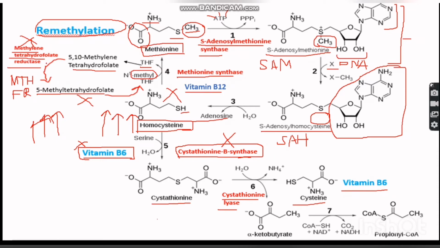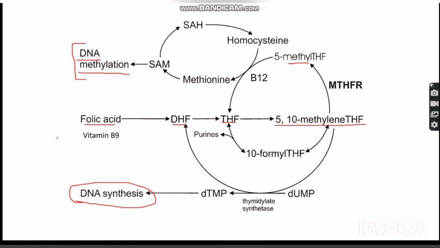As I have told you, methylene tetrahydrofolate reductase is involved in DNA synthesis as well as DNA methylation. It is also involved in the cell cycle, cell division and tissue growth. So if folic acid and this enzyme are working properly, then it can produce DNA, methylate DNA, and successfully cause tissue growth as well as cell division.